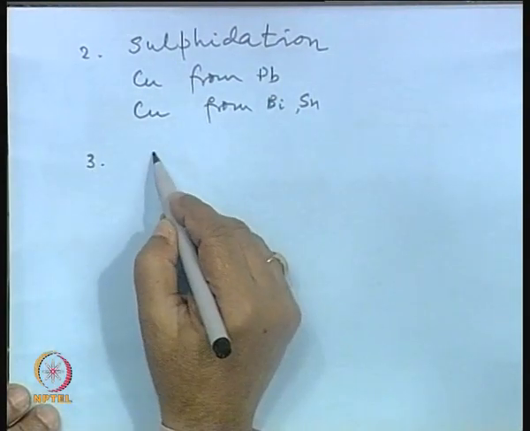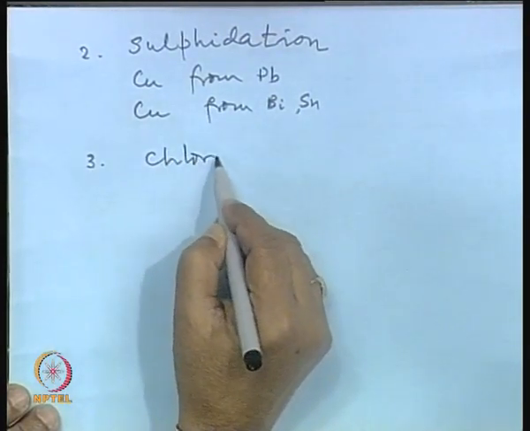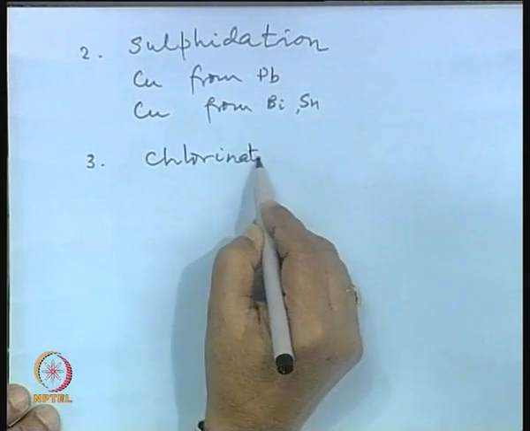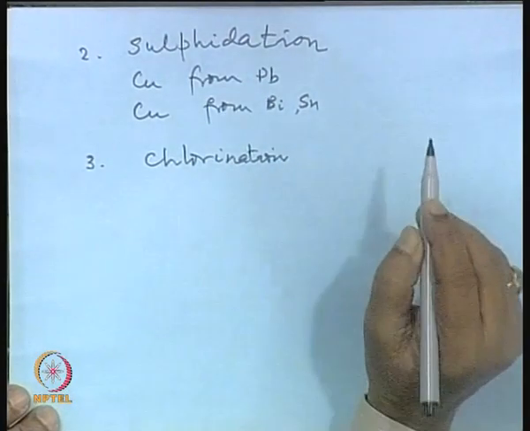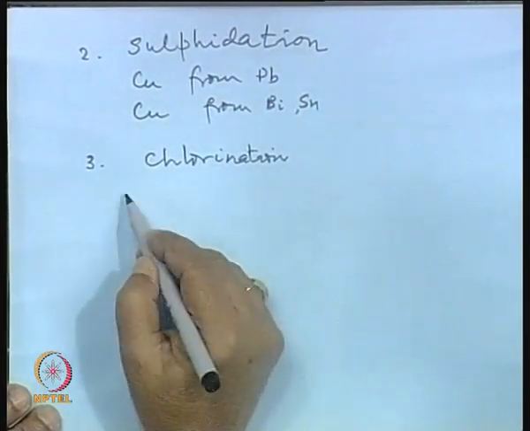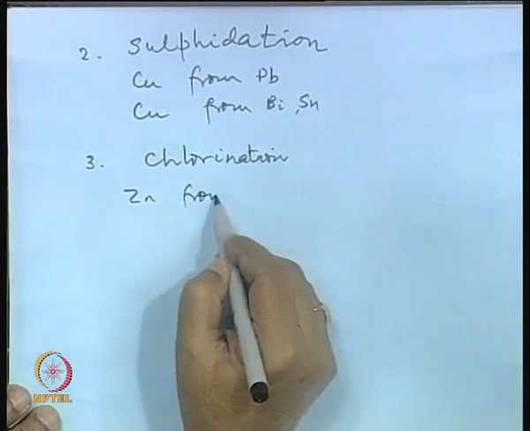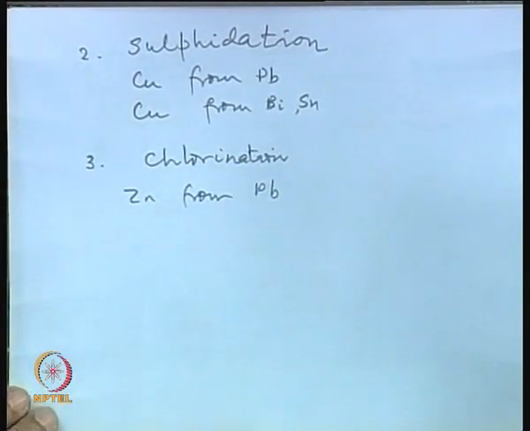A very effective way of removing impurities is through chlorination. We can remove zinc from lead, because if you have lead and zinc in the molten state, if you pass chlorine, zinc chloride will form, vapors will come out, lead chloride will not form when zinc chloride is forming.